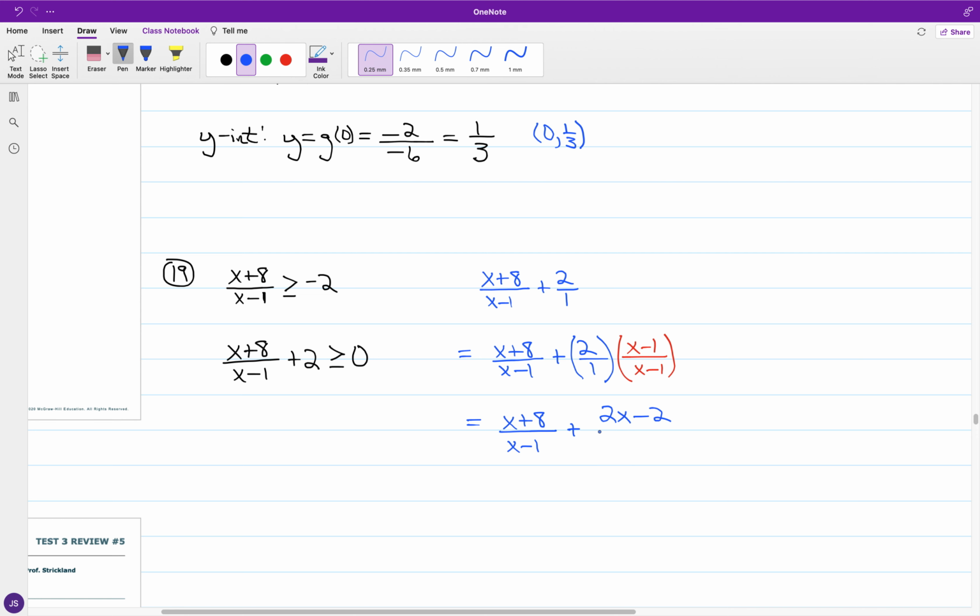You have x plus 2x, which is 3x, and 8 minus 2, which is 6. So the consolidated term will be 3x plus 6 over x minus 1.